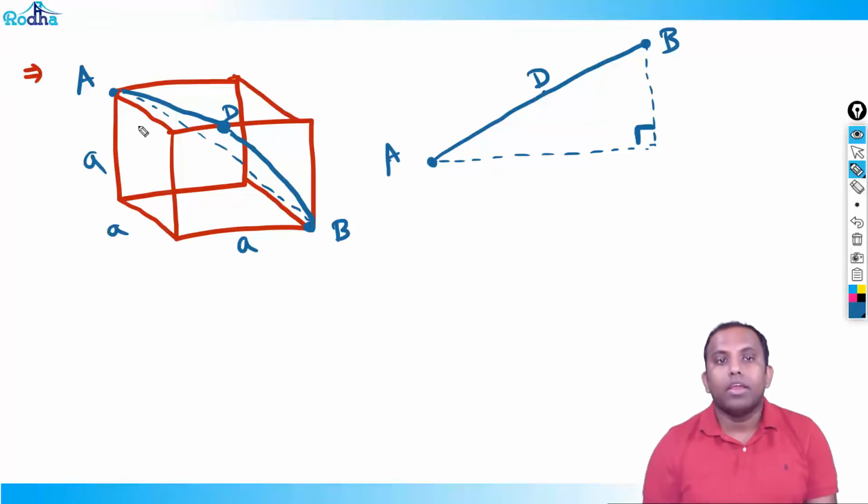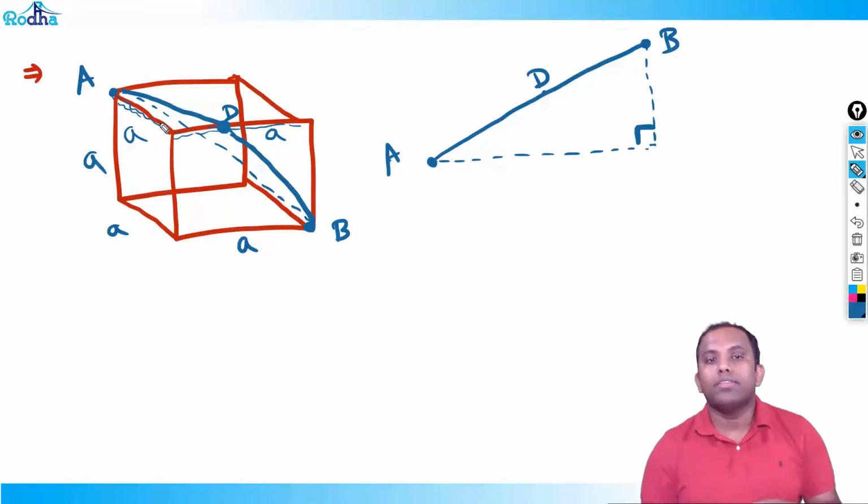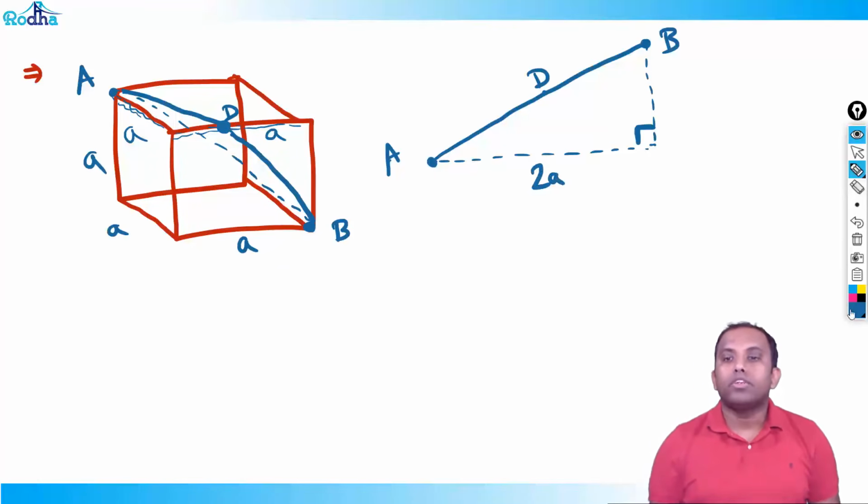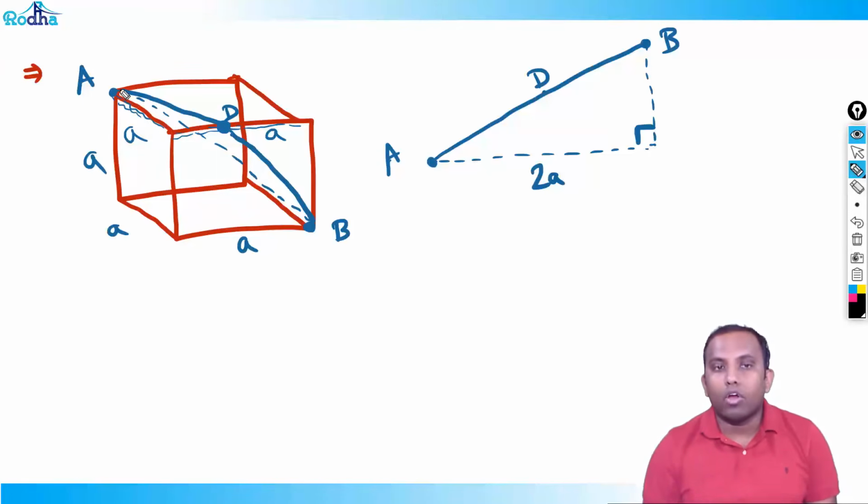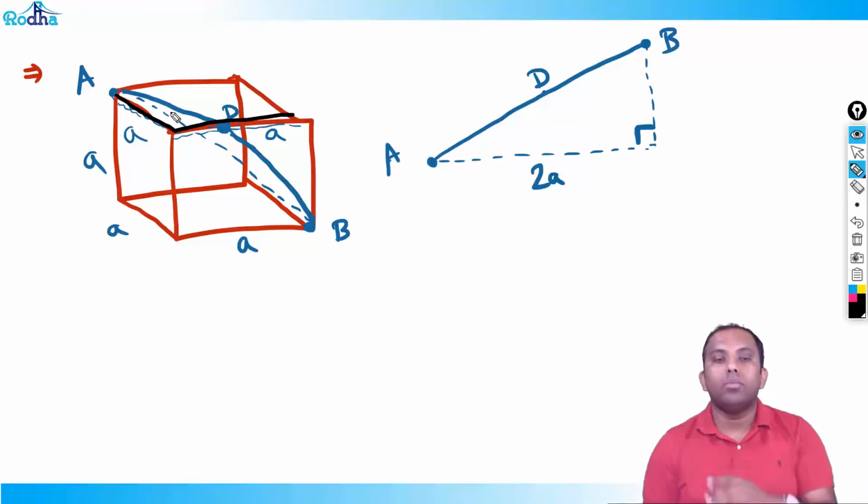The ant has traveled this A, and the ant has also traveled this A. So in horizontal distance, the ant has covered 2A. I told you how to calculate horizontal distance: just trace a horizontal line on the path from A to B. So how will the ant travel? From here to here plus here to here. This is the horizontal path of the ant from A to B.